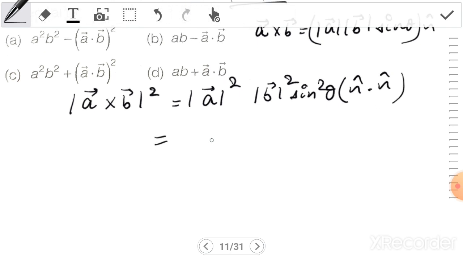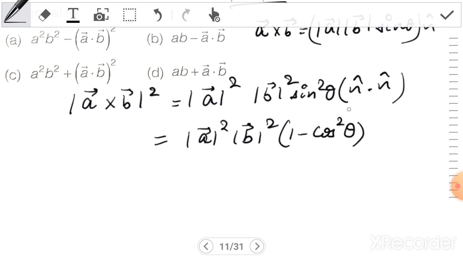Again we can replace sine square theta by 1 minus cos square theta. Yes, and n dot n is 1.